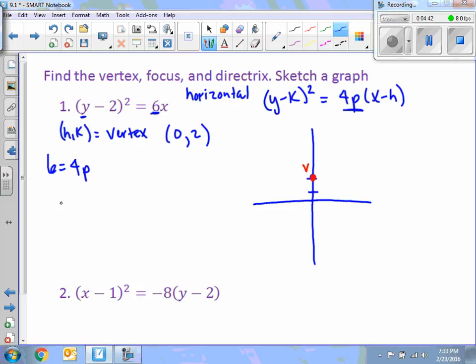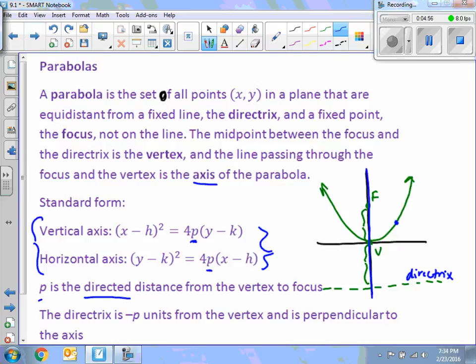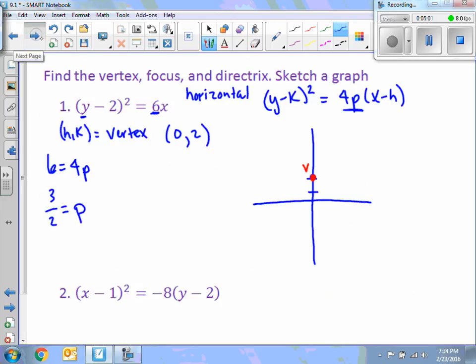Now, this 6 here is equivalent to 4p. 6 equals 4p. That means 6 over 4, or 3 halves, is equivalent to p. If you recall, p is the directed distance. So that means our focus is going to be 3/2 units away from the vertex in the positive direction because p is positive here. 3/2 units away in the positive direction would be to the right in this instance since it is a horizontal parabola.